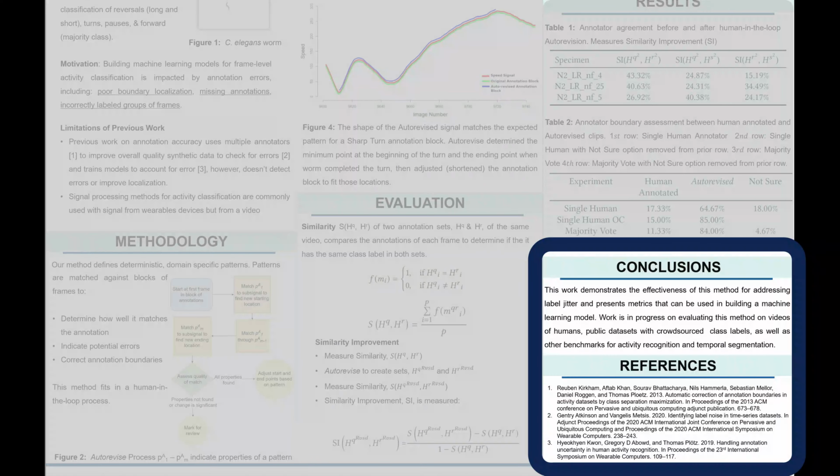This work demonstrates that patterns in motion signals representative of activities are present and can be used to improve annotation boundaries and identify potential errors. This work introduces new metrics for assessing annotation quality: similarity, similarity improvement, and boundary assessment. Future work will approach this problem with machine learning, incorporating these new metrics into a loss function.